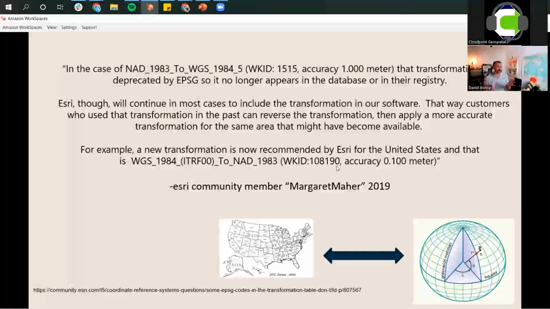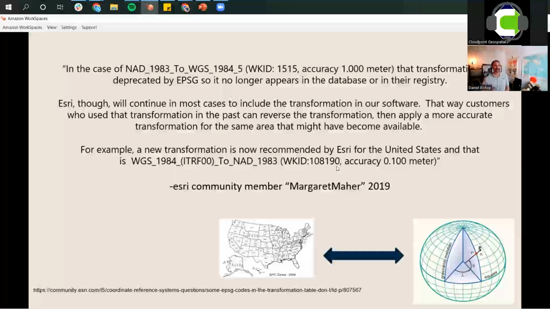However, this is where it gets a little tricky. What I recommend to you is within each state, each state will have their own local coordinate system that they'll be using. So that transformation may adjust. Which transformation you should use is kind of up for debate, depending on your precise location.